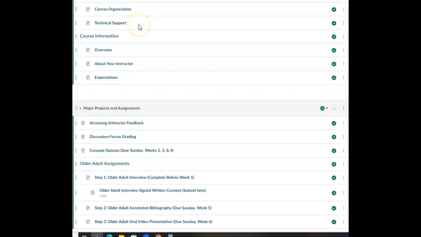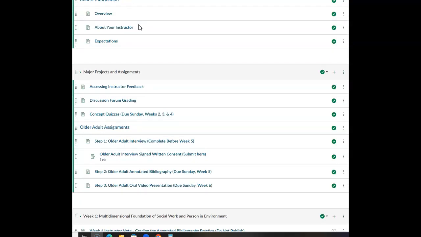module. Then as we go down, you will see that the next module focuses on the major projects and assignments for the course. So there are discussion posts, as there were in your previous classes, and those are weekly discussion posts. There are also 3 concept quizzes. They're due weeks 2, 3, and 4.